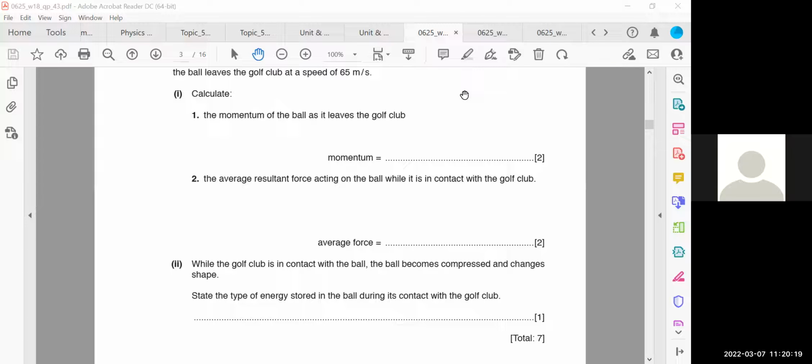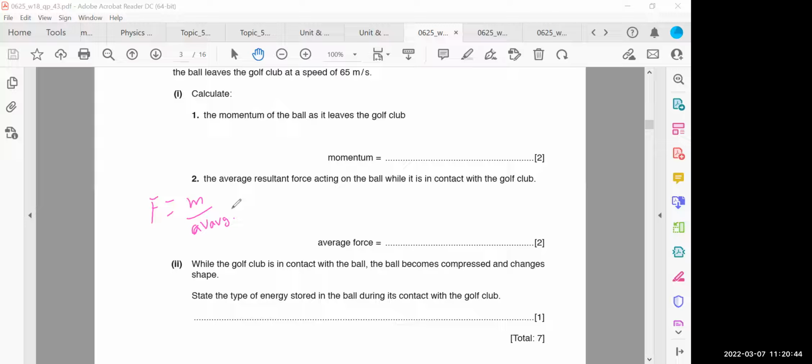Subject mass over average velocity. You're saying mass over average velocity, this one. I had never seen this formula.